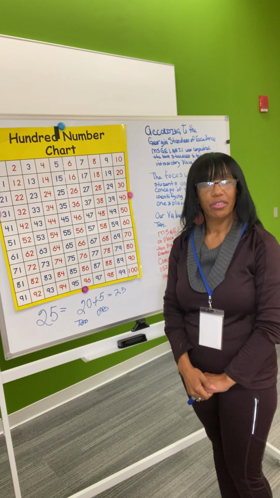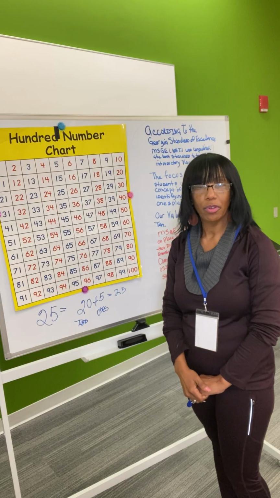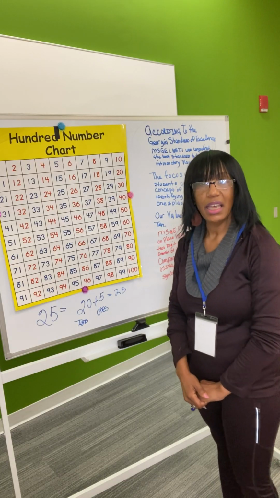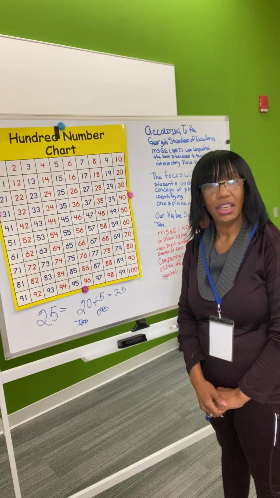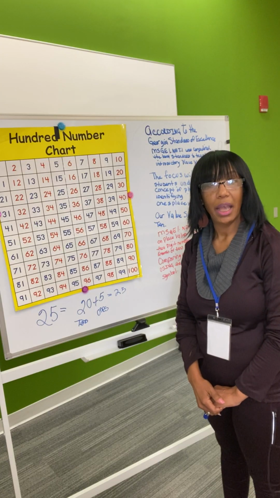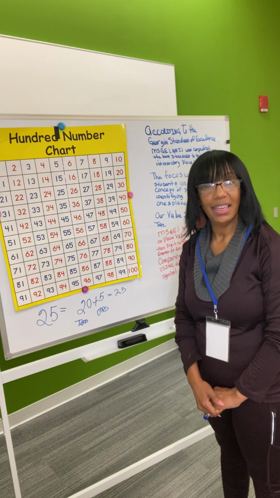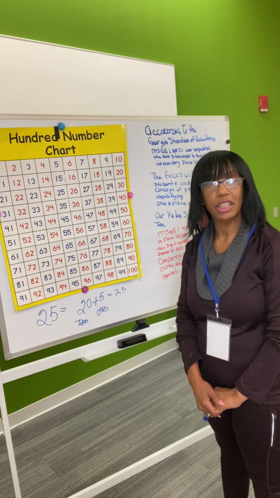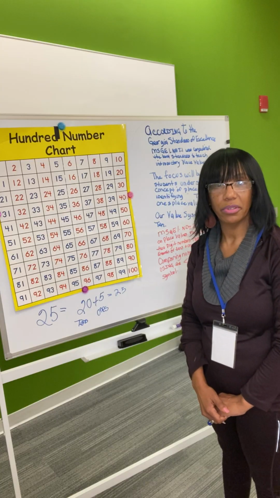We also have another standard that would be applicable for place value for first grade, and it's MGSE1.NBT.3. This represents place value explaining greater or lesser numbers.